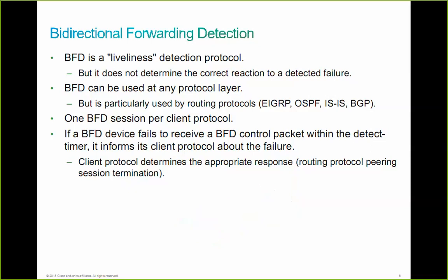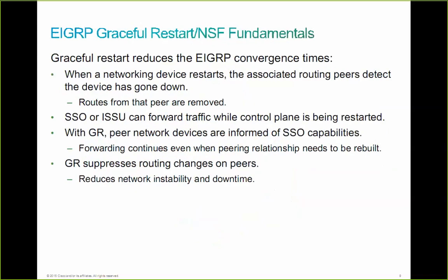All right. So traditionally, when a network device restarts, all the peers that are associated with that device will detect that that device has gone down, and all the routes from that peer get removed. Makes sense, right? The session gets reestablished when all the devices restart.